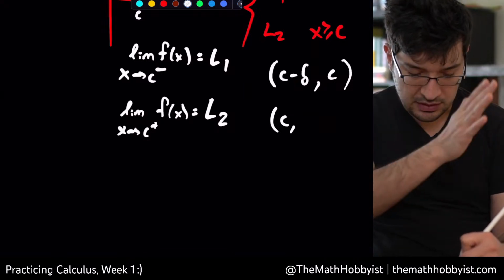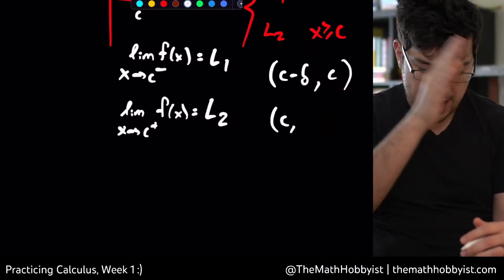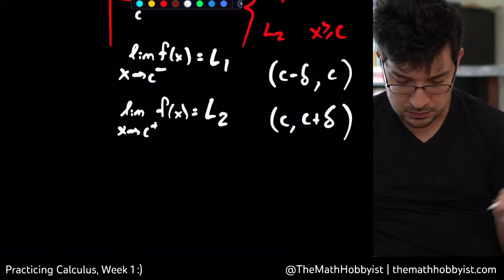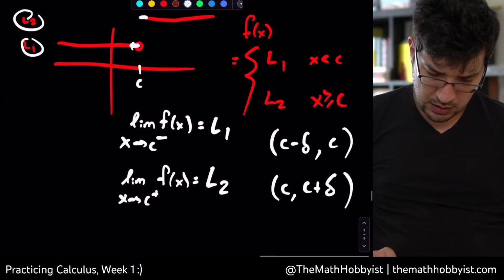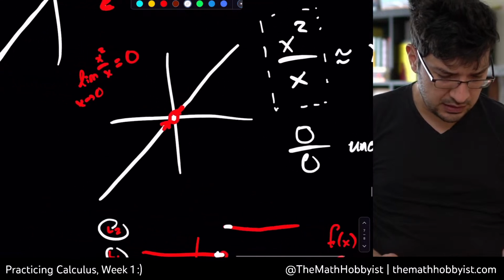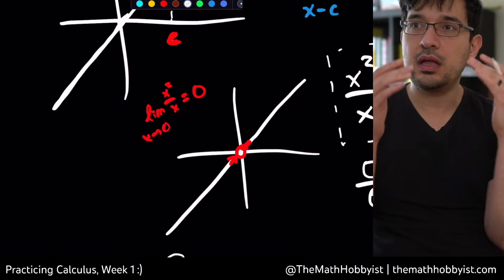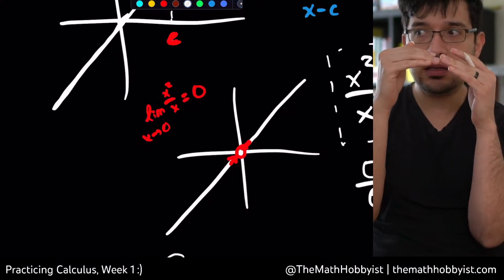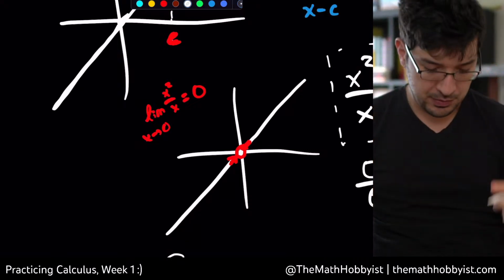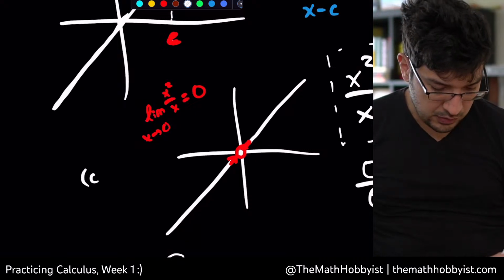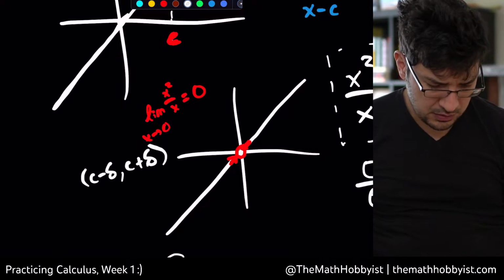We're checking all the x values to the right of that point. Whereas over here, when we don't write either a plus or minus and the limit is equal from the left and the right, we're checking all of the x values to the left and to the right.